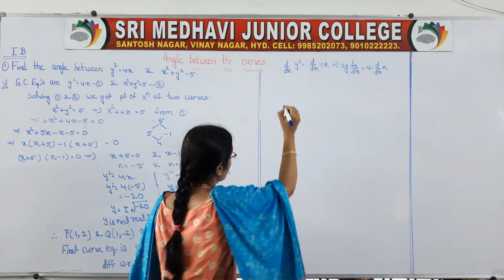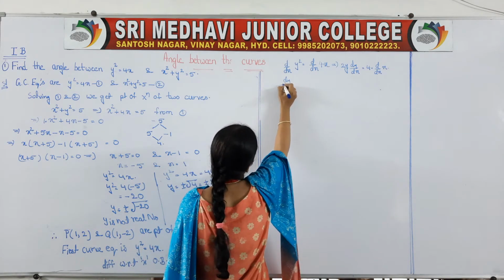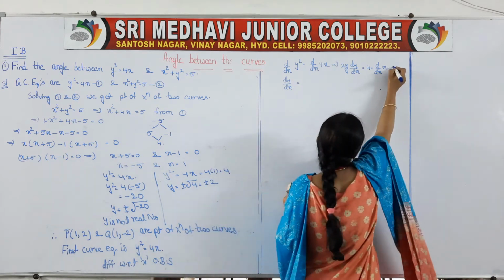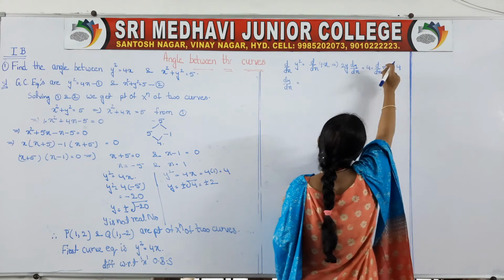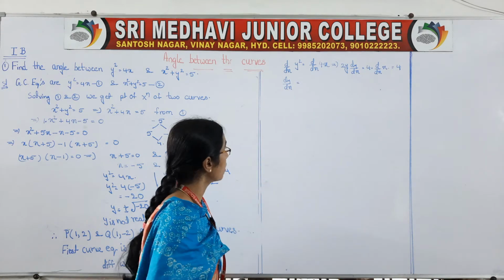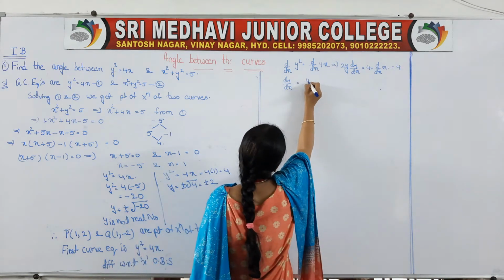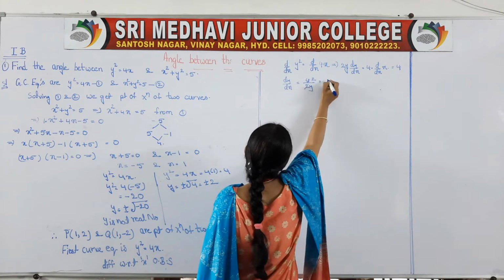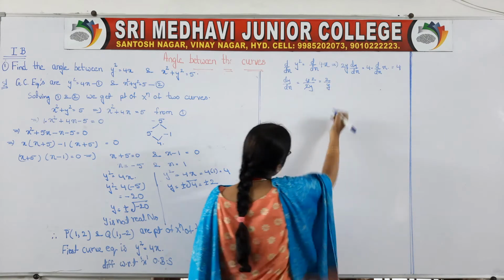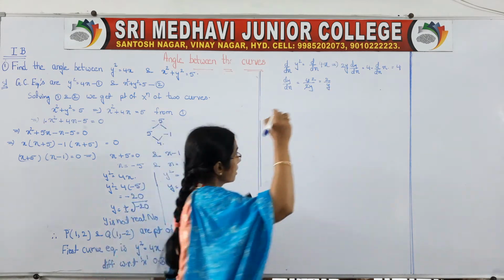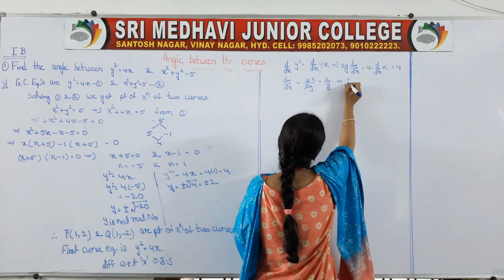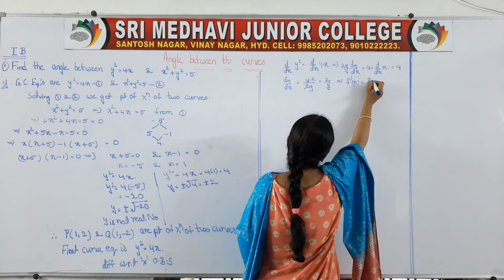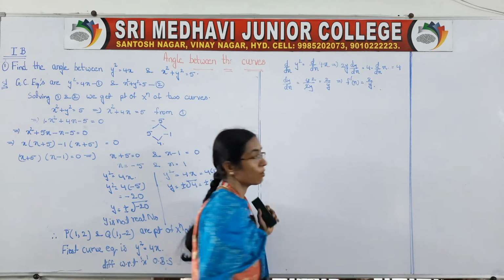So come on, find out your dy by dx. dy by dx is equal to 4 into d by dx of x, which is 1. So it is 4 by 2y. So it is 2 by y. What is this? This is your f dash x. Suppose f of x is the first curve, then its derivative is 2 by y.